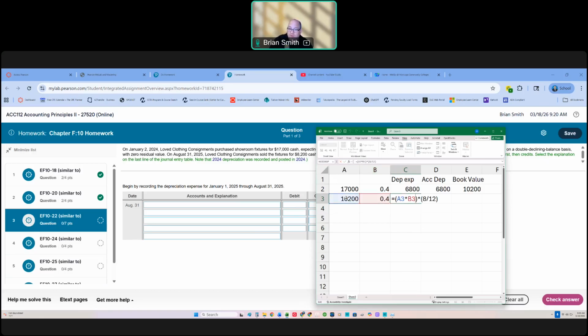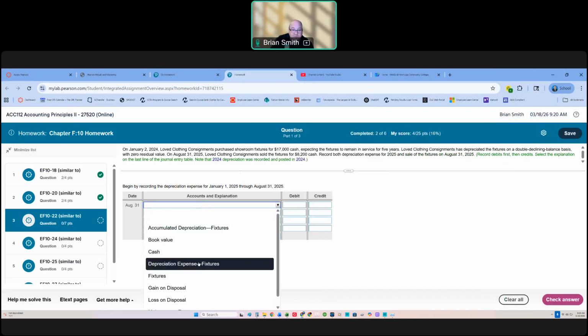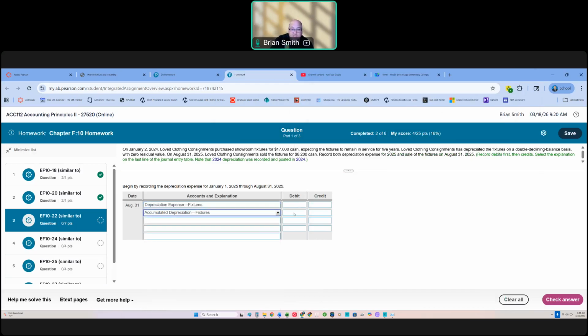I'm taking the book value at the beginning of the year, multiplying it by the rate, which is an annual depreciation rate, and multiplying it by 8 divided by 12, which represents the 8 months out of the 12 months that we owned it for. So our depreciation expense should be 2720. I'll move this up here and debit depreciation expense, credit accumulated depreciation for the 2720.